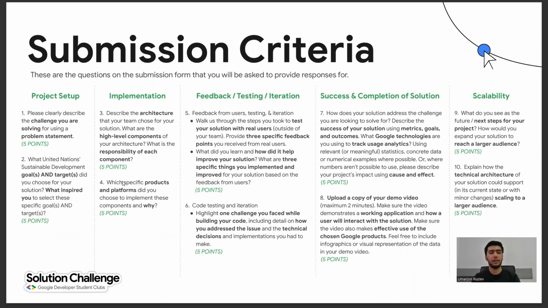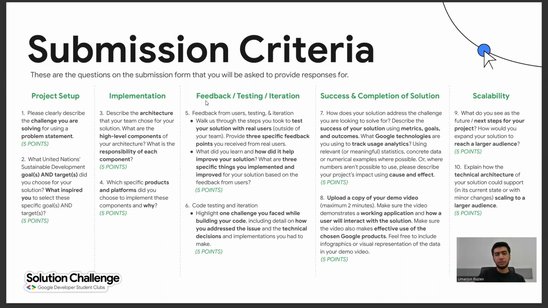And again, there is one more question from the implementation that can contribute 5 points to your project. It's about product and platform. What specific product and platform did you choose to implement these components and why?